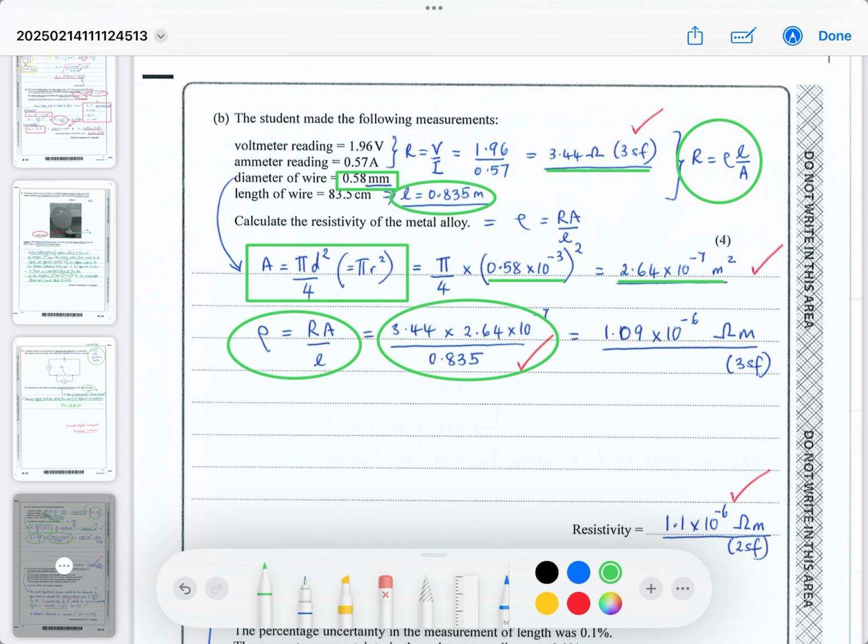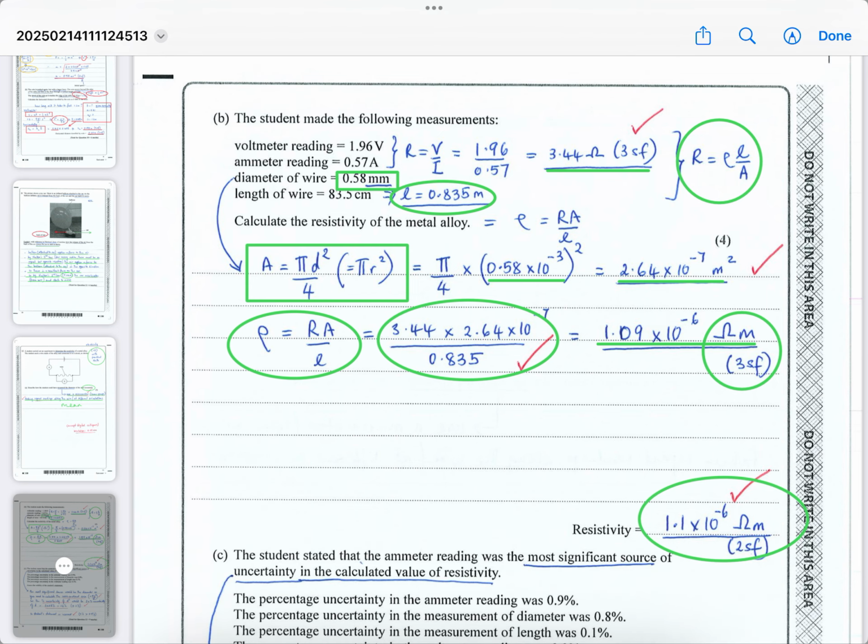Then to 3 significant figures, I've shown you that the resistivity is 1.09 times 10 to the minus 6 ohm meters. But you should really round it to 2 significant figures, which I have then done in the space provided for the answer. Hope that makes sense.